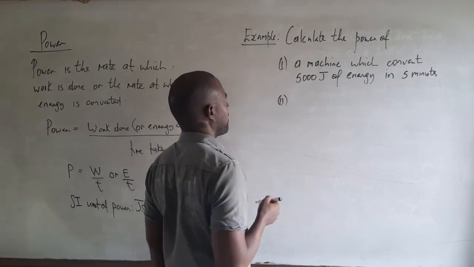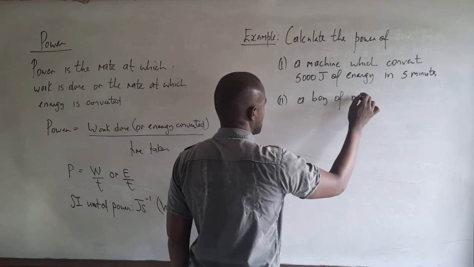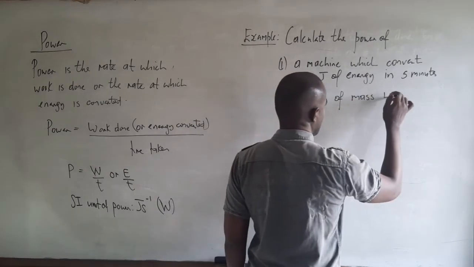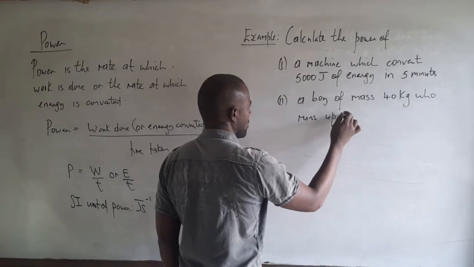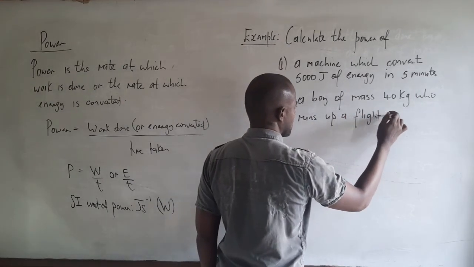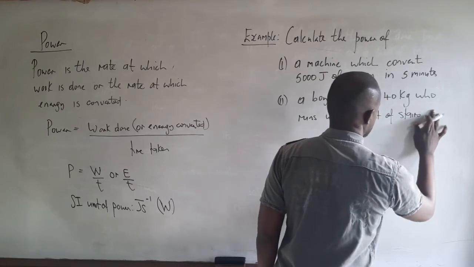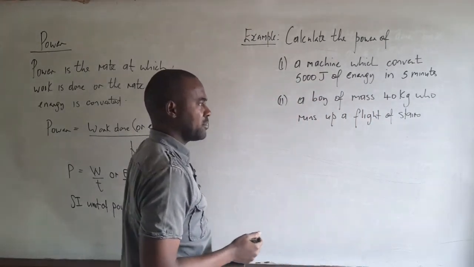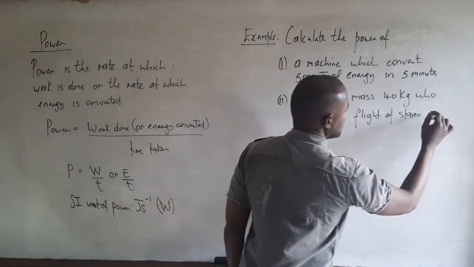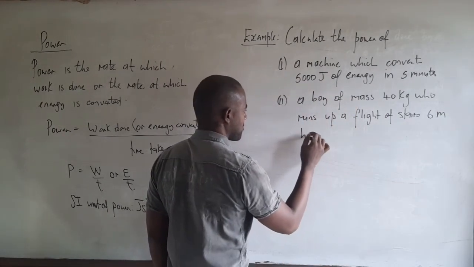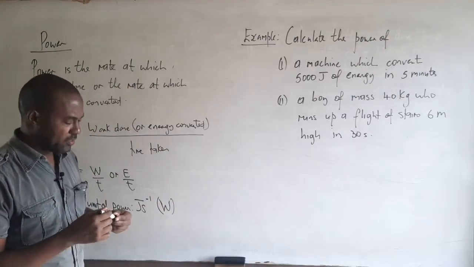And two, a boy of mass 40 kilograms who runs up a flight of stairs, say 6 meters high, in 30 seconds. Right? So let's do a quick calculation of power in these cases.